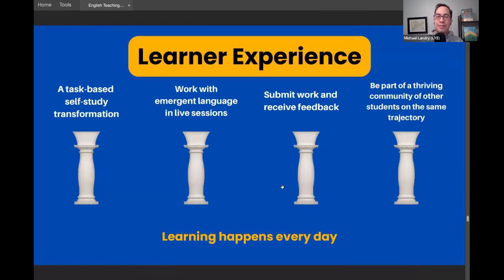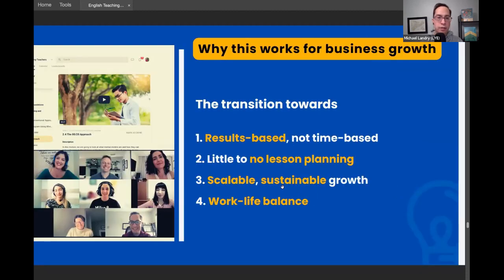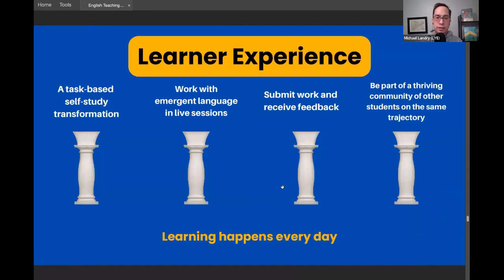The third principle, again, they're submitting work online or after their sessions, and we're giving them feedback on how they're able to, again, transfer this experience into their real world. And again, they're becoming part of this thriving community because, again, the way we ask teachers to design courses, there's always an element of community discussion, be it community discussion boards or with Q&A sessions and so on.